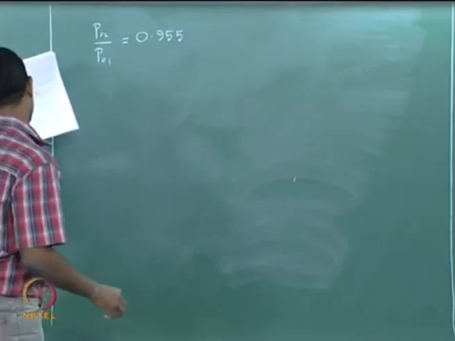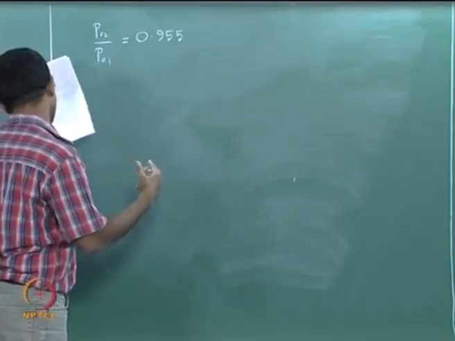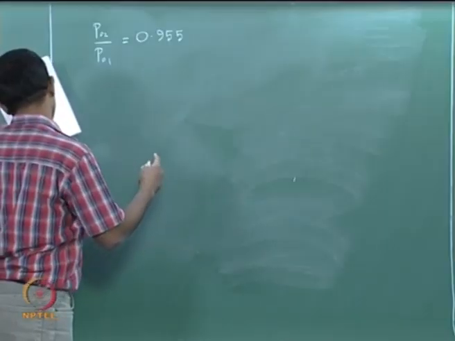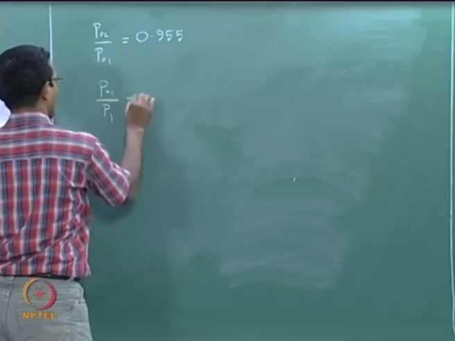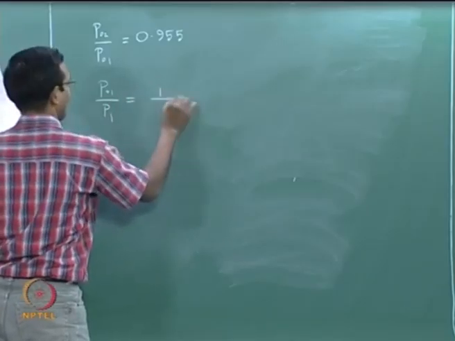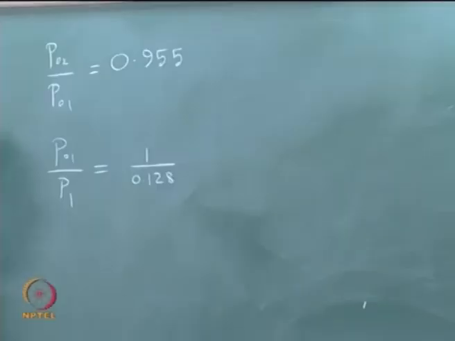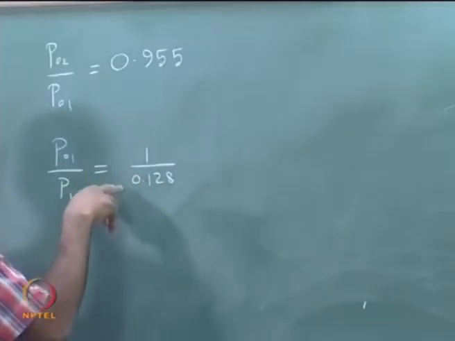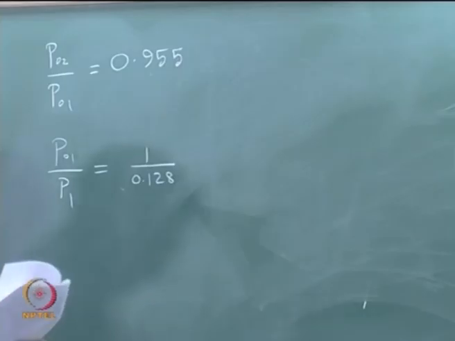From here we can find P naught, oh I did not find the P naught 1 actually here. P naught 1 by P1, I have that value, 0.128, but I have not calculated the whole thing. So I know P1 is 1 atmosphere, so I can find this number, that multiplied with this must be your P naught 2. I did not find that final number, which I believe you can find out, it is not very difficult to find.